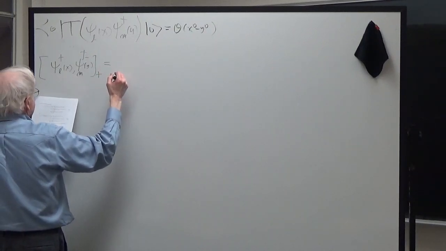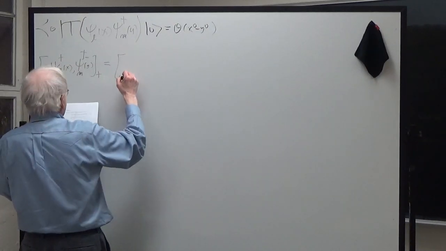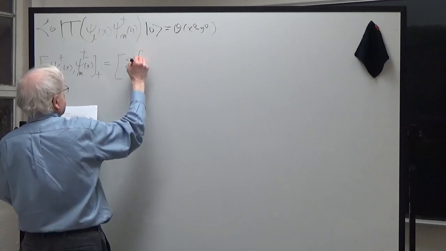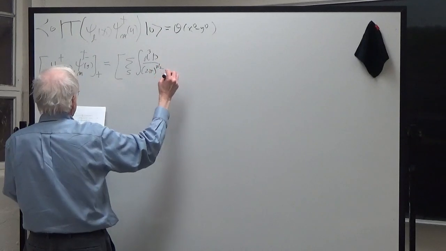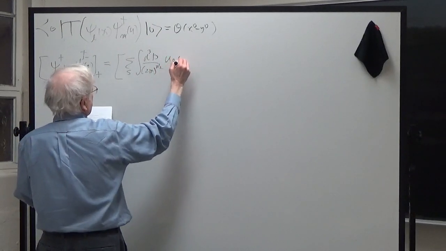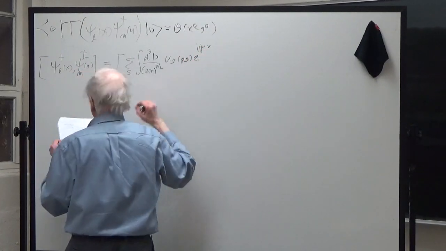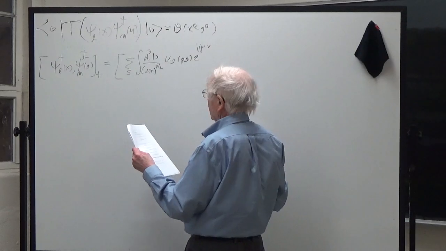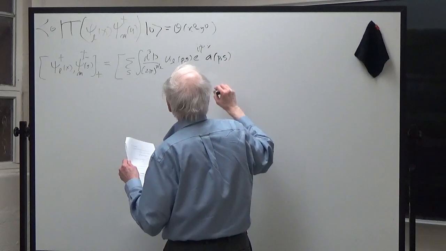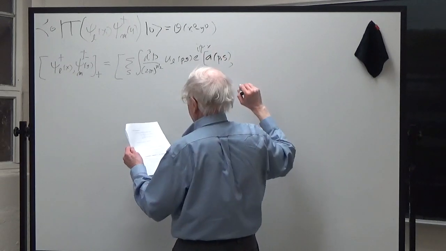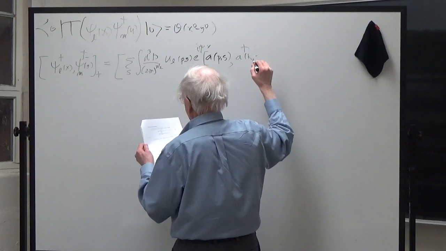And this is then the anti-commutator of the sum on S, integral d cubed p over 2 pi to the 3 halves, u L of p and s, e to the i p x, a of p and s, and if I put in the anti-commutator quickly like this, this will be a dagger of k and r.